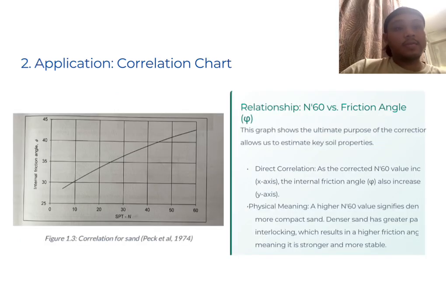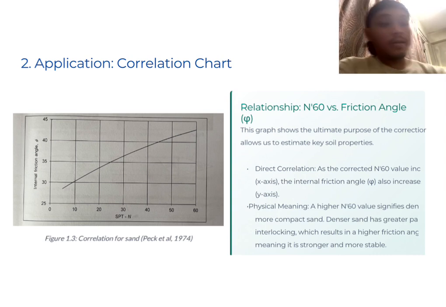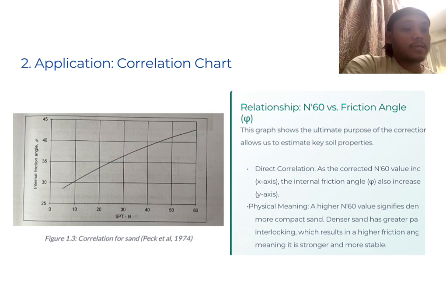For the application, the correlation chart shows the relationship between N prime 60 and friction angle. This graph shows the ultimate purpose of correlation. It allows us to estimate key soil properties. Because the raw N value can vary dramatically, without correction, two sites using different hammers may show different N values even if the soil is the same.